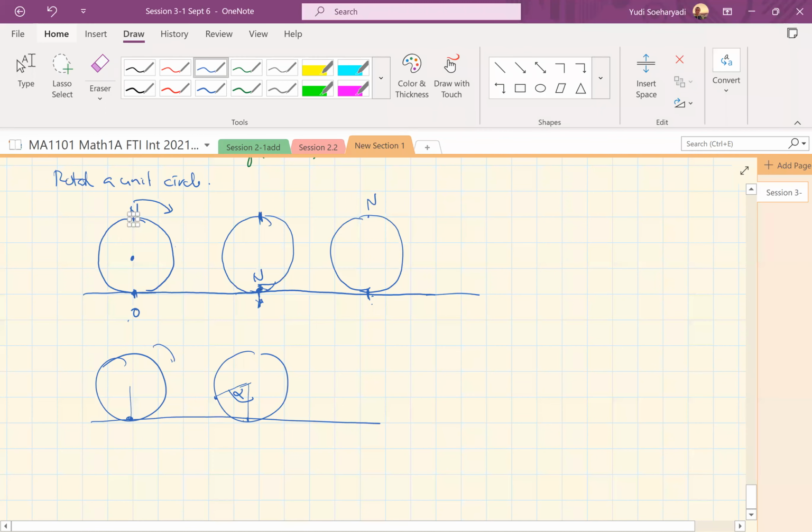So the distance would be one half of the circumference of the circle.